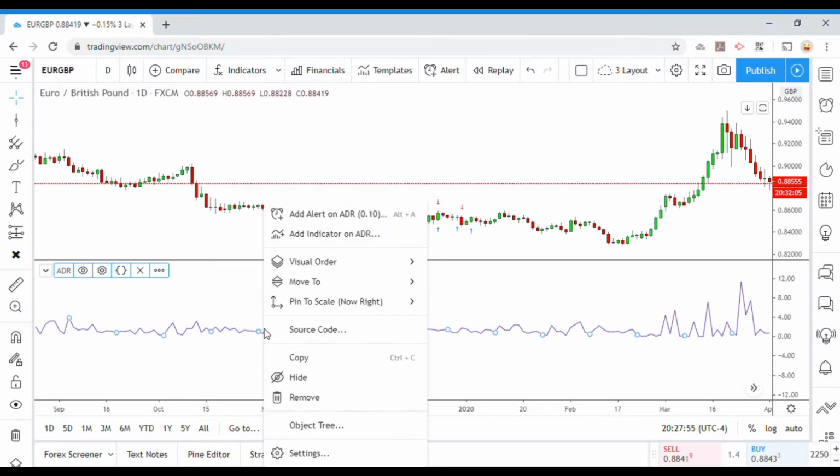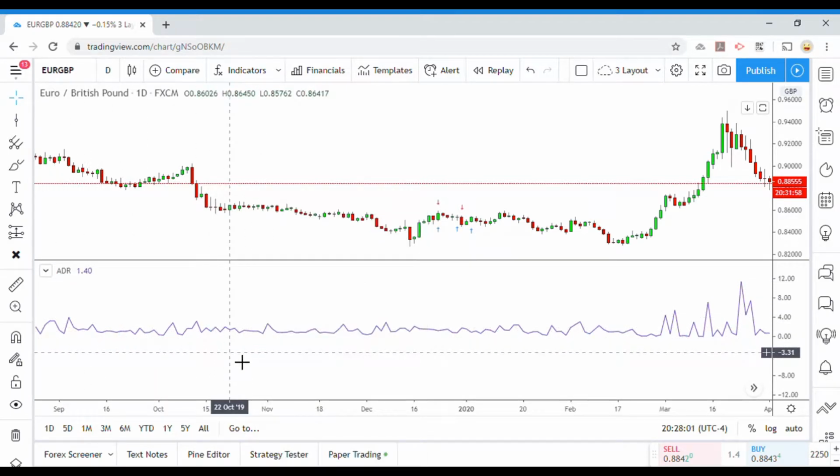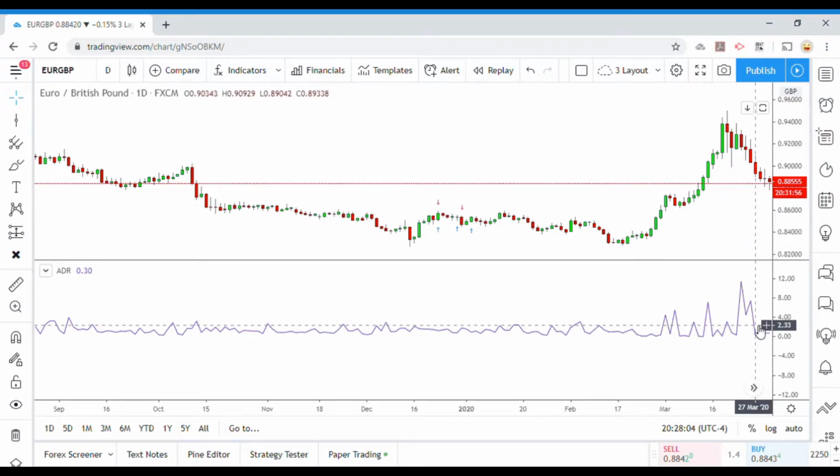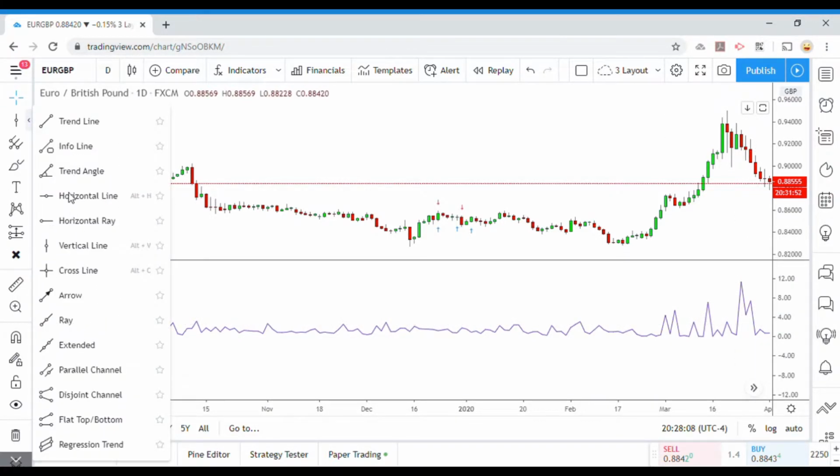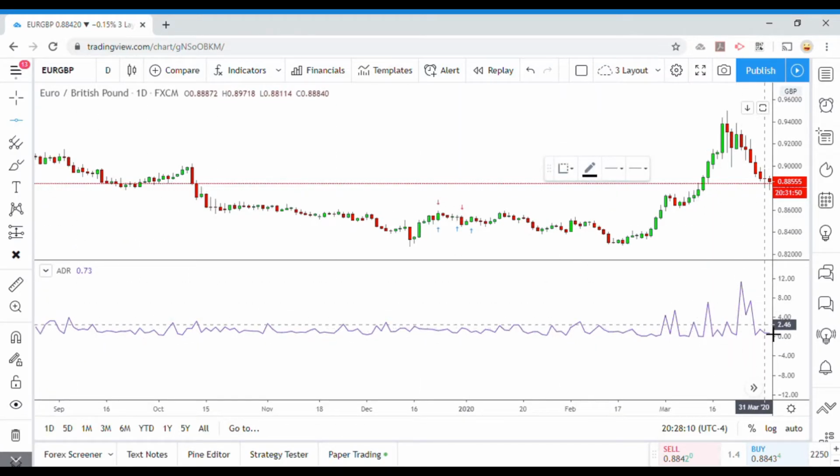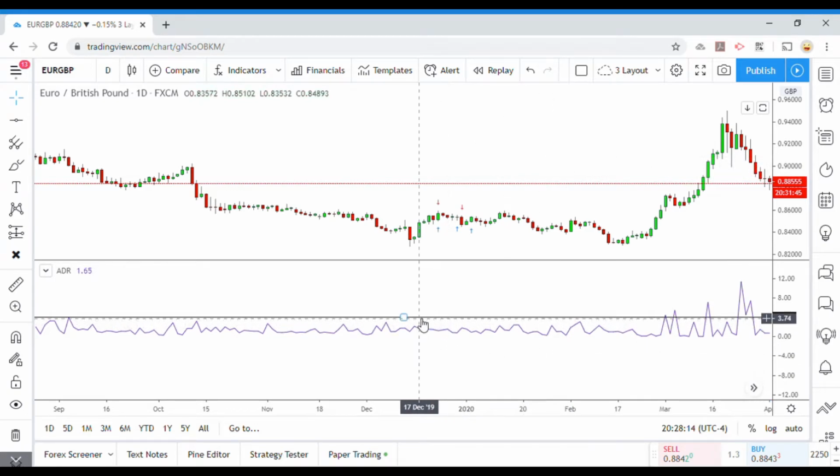Another thing that I will often do is add indicators on top of indicators. You'll be surprised. So here's another example. It doesn't even necessarily have to be an indicator. Sometimes it can be a line.